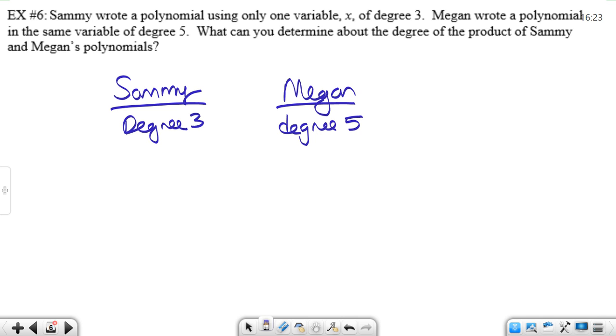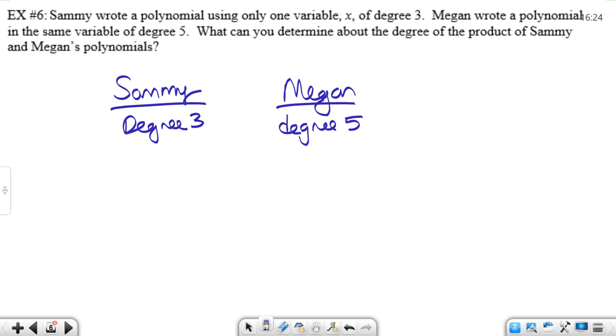Recall, guys, the degree of a polynomial tells us the polynomial's highest exponent. So Sammy's highest exponent was 3, and Megan's highest exponent was 5. The question is, what can you determine about the degree of the product of Sammy and Megan's polynomials?